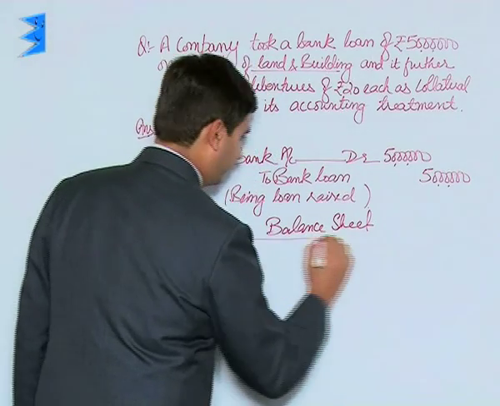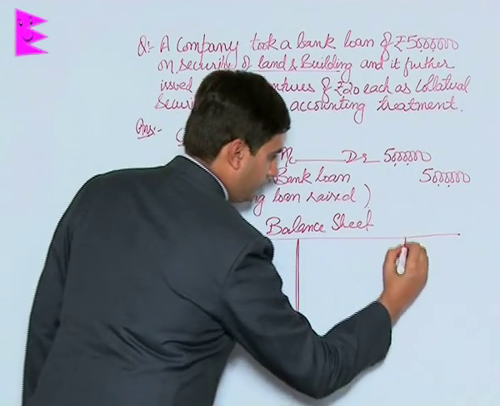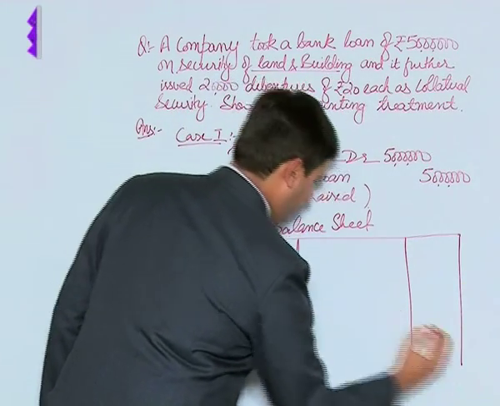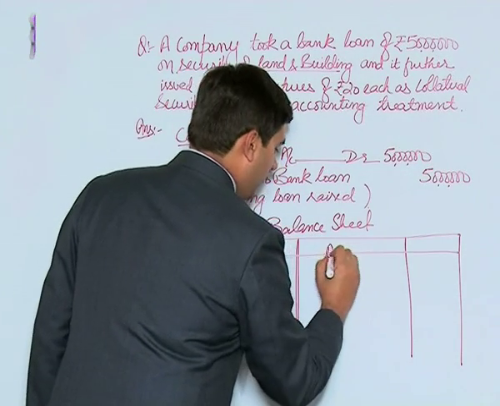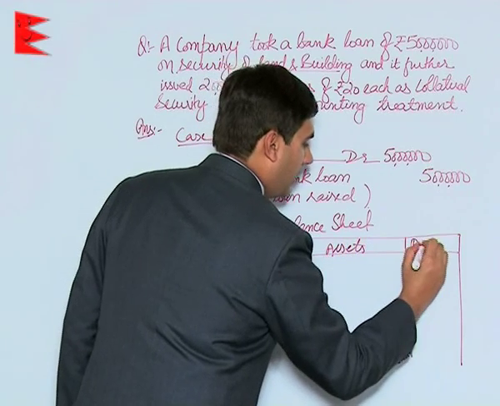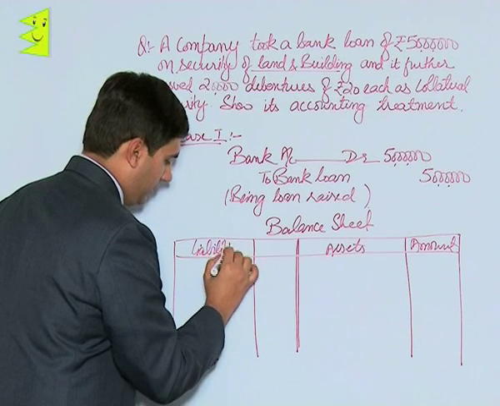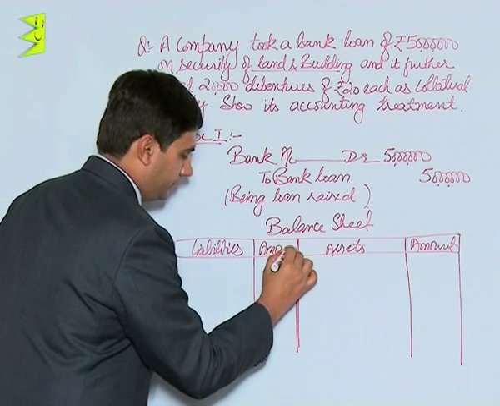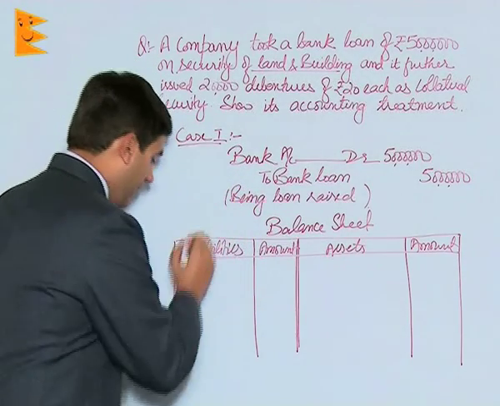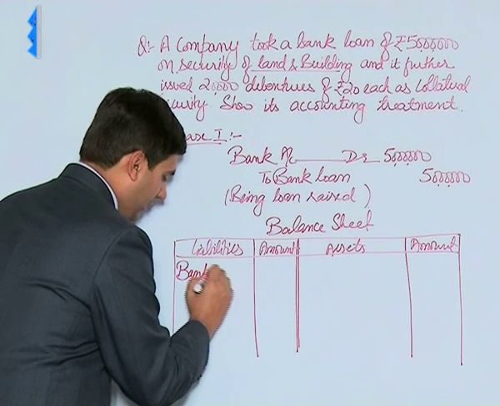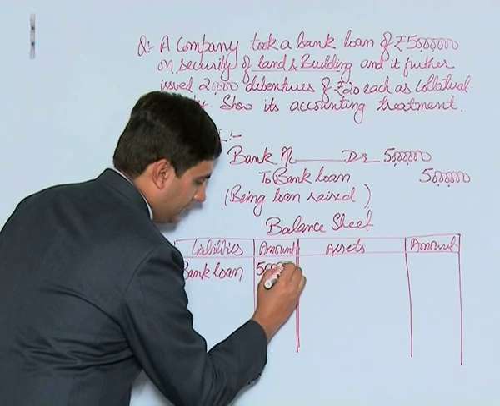Balance sheet, again the format is same, that is assets, amount, liabilities and amount. Now students, bank loan is a liability, hence it would appear on the liability side as bank loan and the amount would be 50 lakhs.